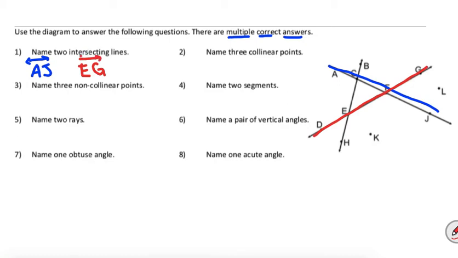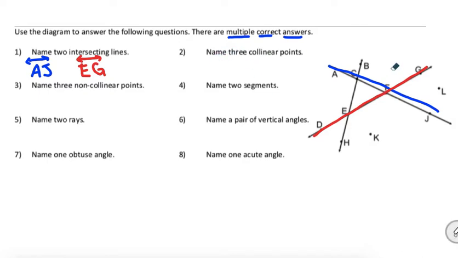G is also a location on that second line. These intersect at F, but notice I didn't even use F in my naming. I could have, but I don't need to name four different points on here. I know that it goes through A and it goes through J. It captures C and F as well.